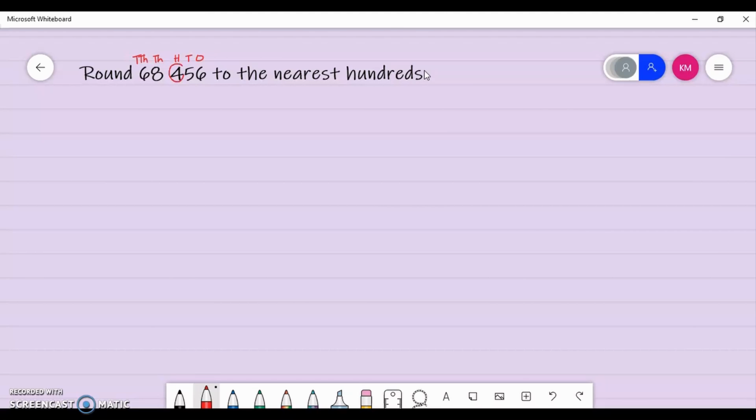So our 4 is in our hundreds position. Remember, we examine that digit after. So our digit after is actually 5. Remember our rule? If it is less than 5, we round down. If it is 5 or more, we round up. So in this case, it is actually equal to 5.